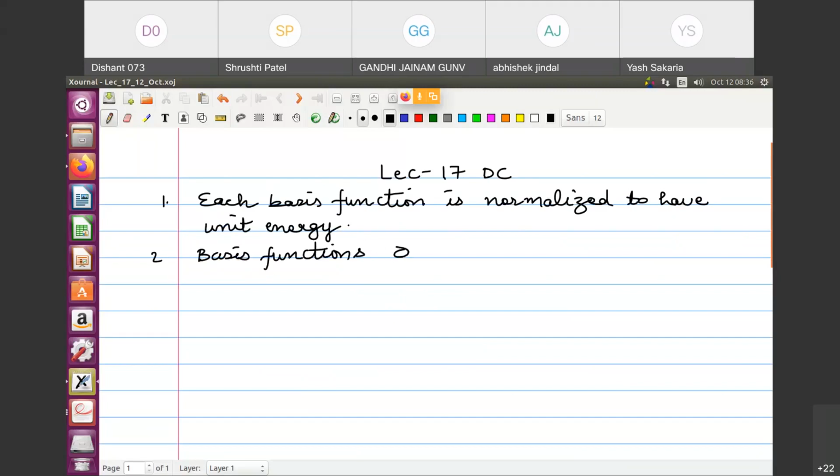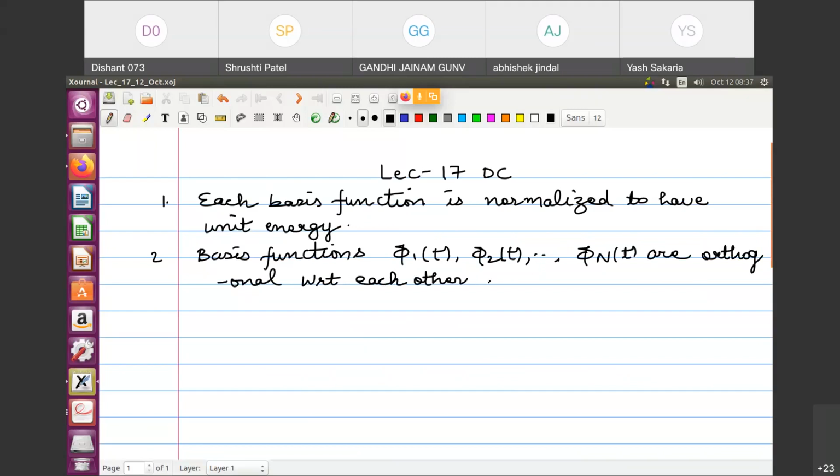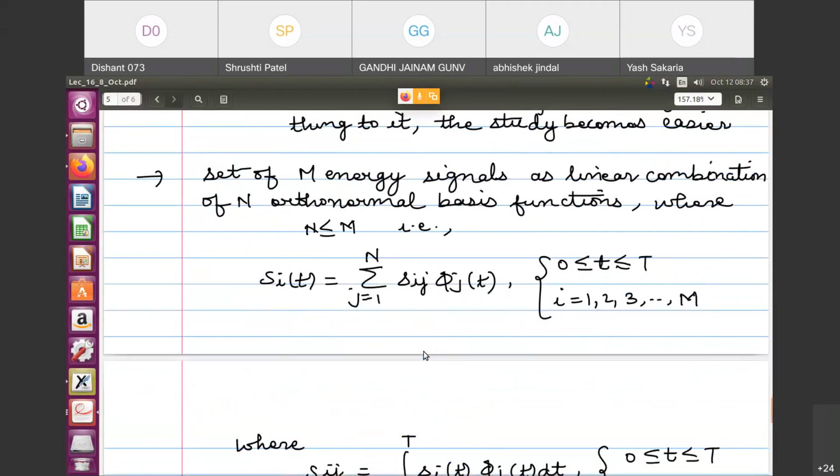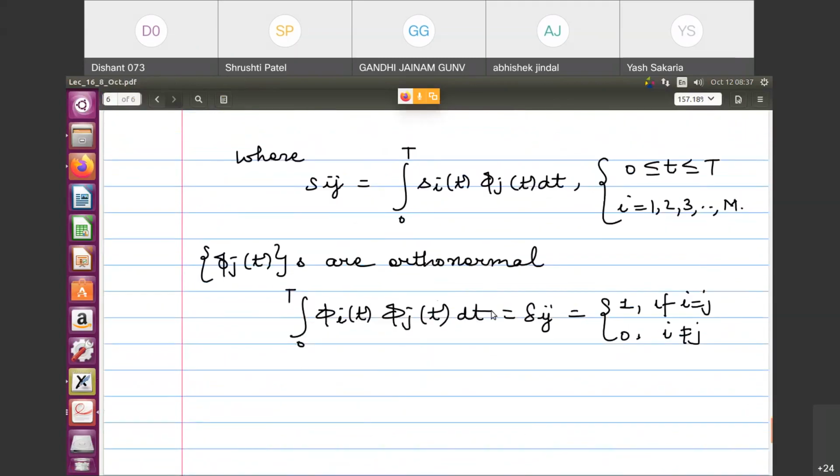So basis functions phi 1(t), phi 2(t), and phi N(t) are orthogonal with respect to each other over the interval 0 to T. This is what we have specified here analytically.